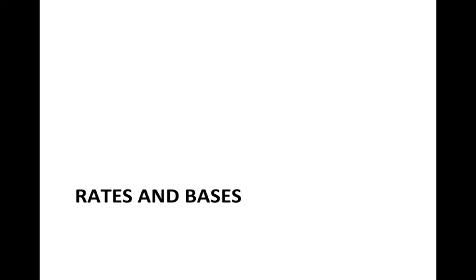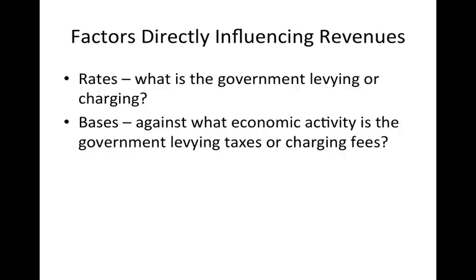So let's take a look at what are probably the most key parts of analyzing the underpinnings of the revenues, which are analyzing revenue rates and revenue bases. When you look at revenue, it's essentially the product of two things: a rate that the government applies to a particular base.